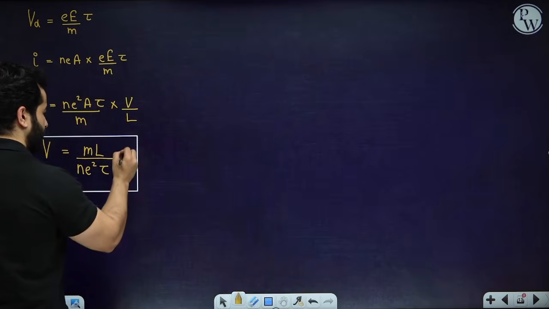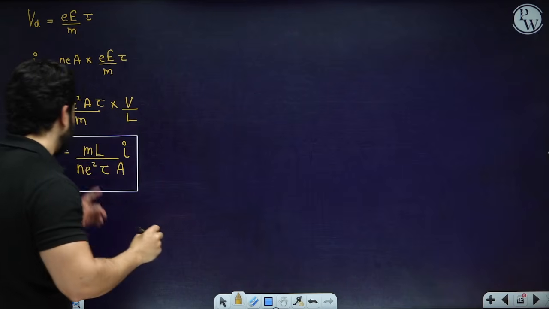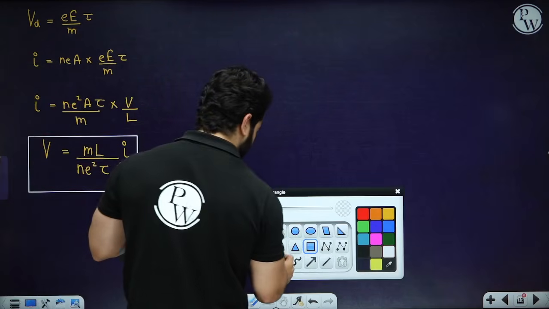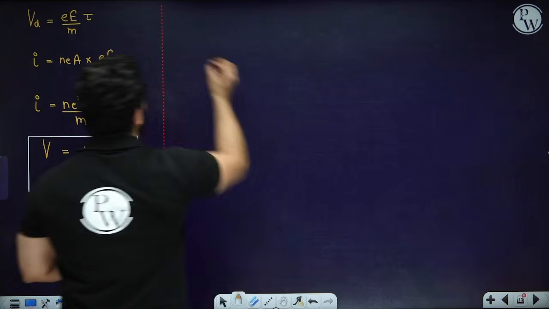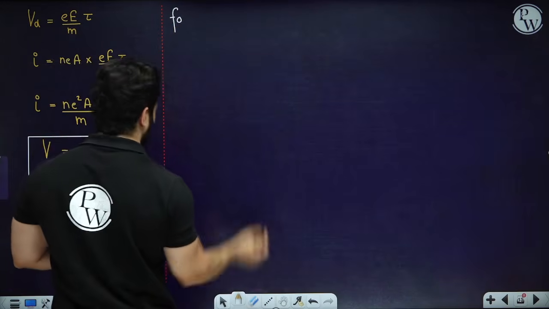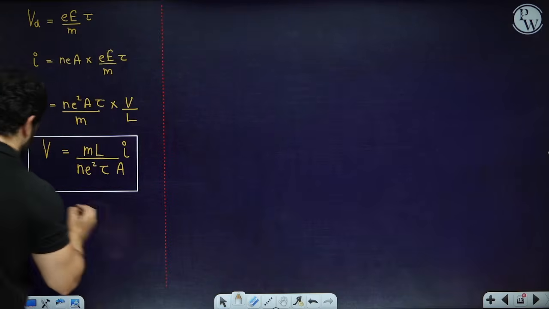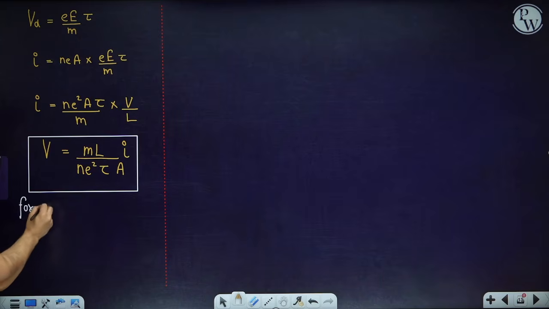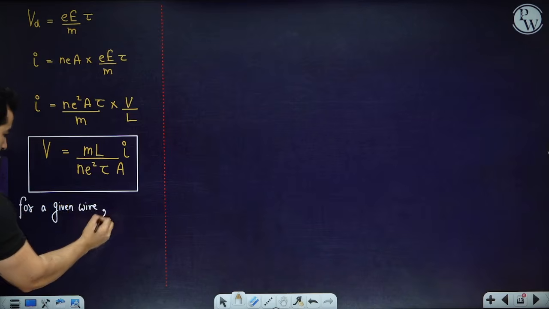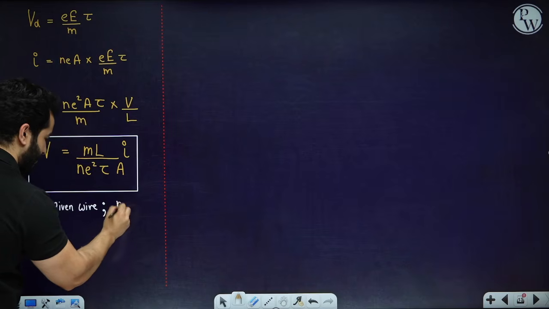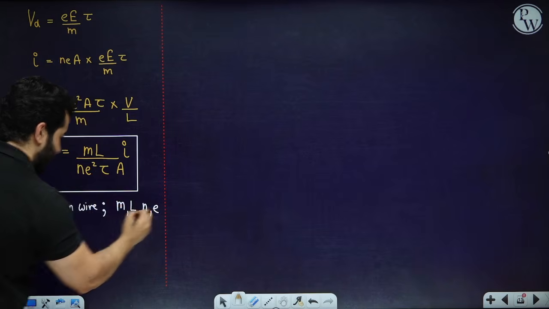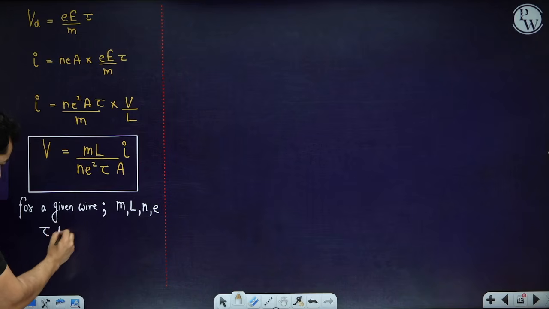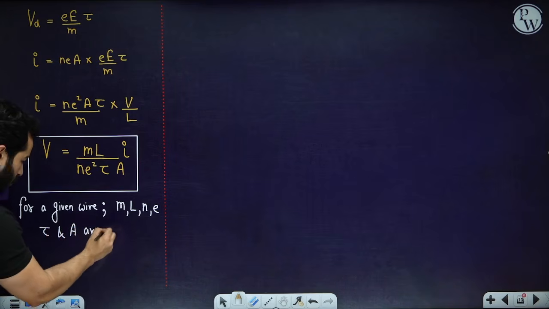Now if you closely see, for a given wire, m, L, n, e, τ and A are all constant.